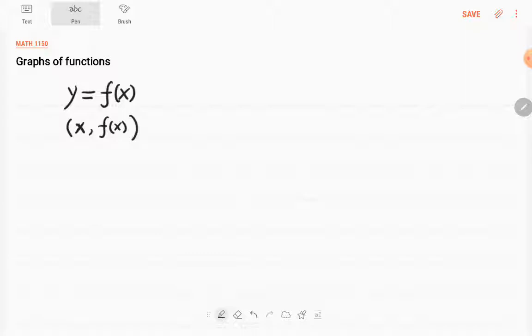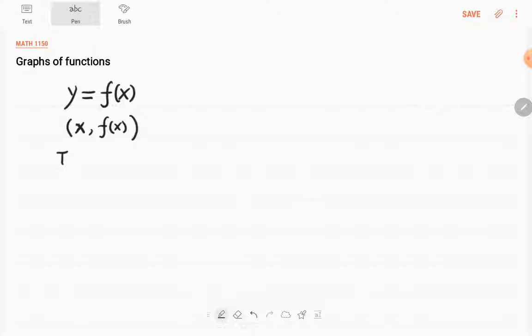If we collect all the pairs, let x run through all its domain, then we will form a curve. This curve is called the graph of a function f.